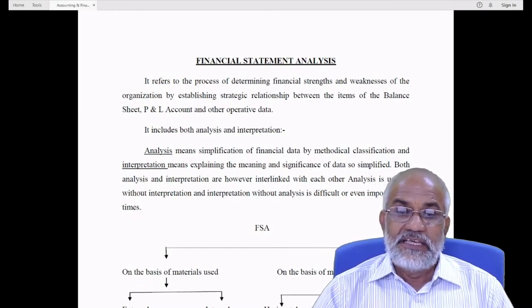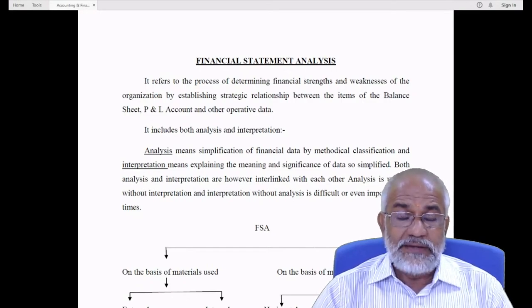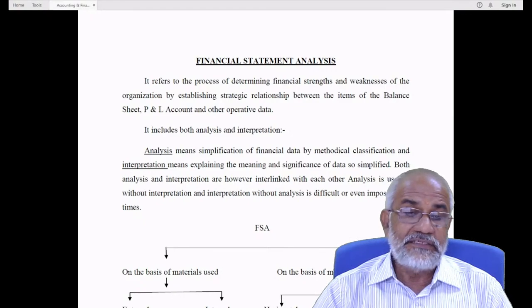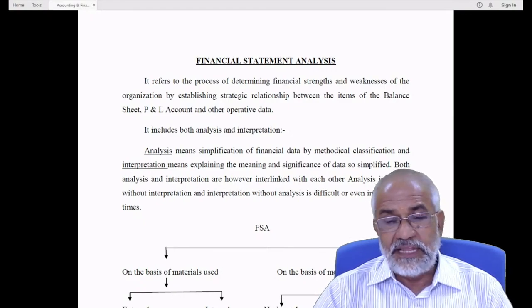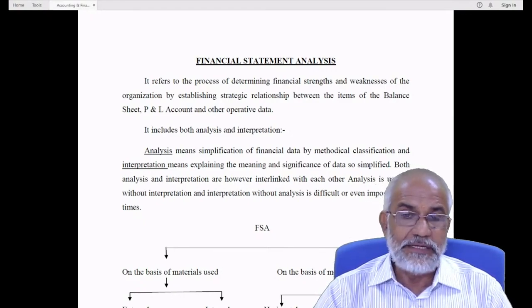So in that case, the profit and loss appropriation account is prepared to find out the retained earnings, and that is the end of the income statement.